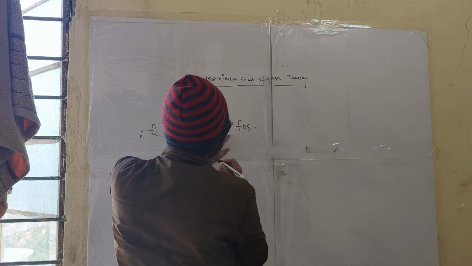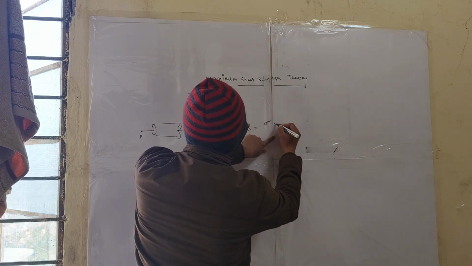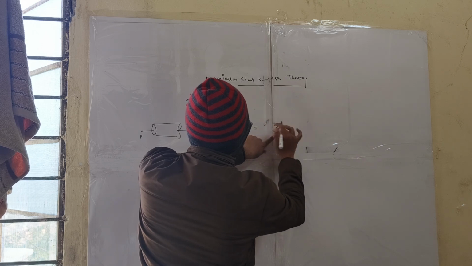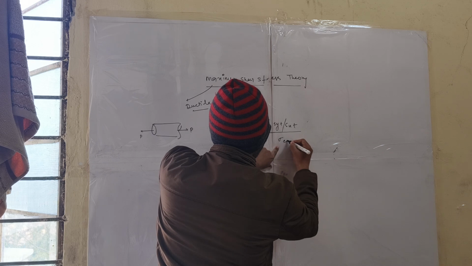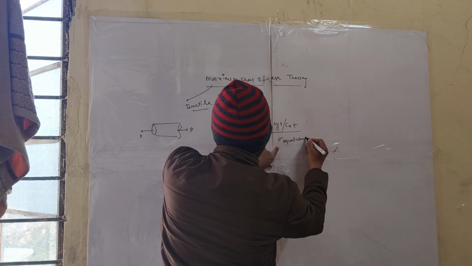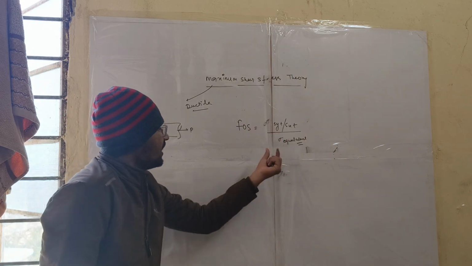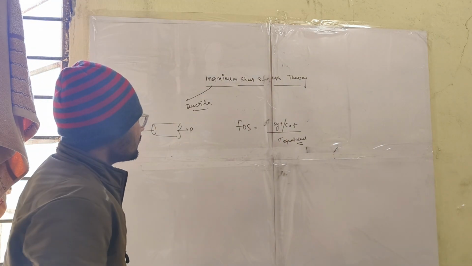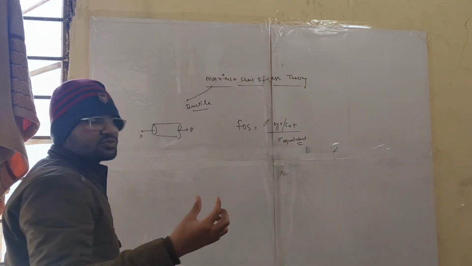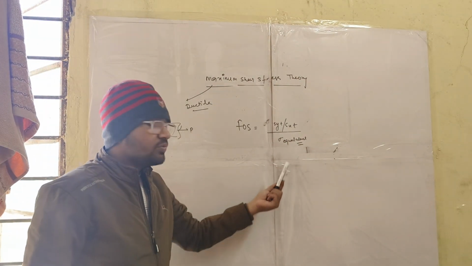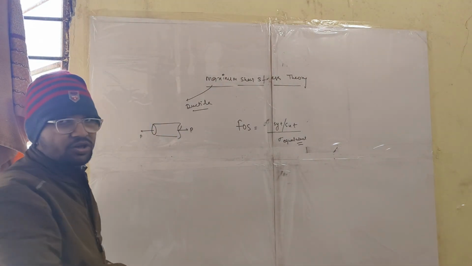FOS is sigma SYT, or SUT, upon sigma equivalent corresponding to the theories. How do we find this factor? This factor comes through applying the theories of failure to this particular loading system.